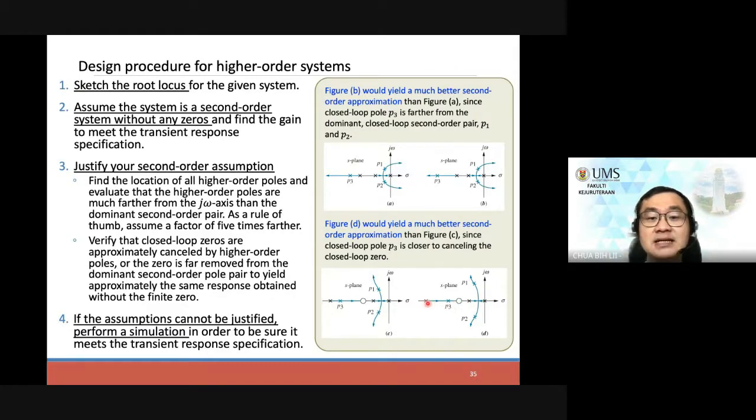In this case, there are poles and zeros. So the further it is towards the zero, the better the second order approximation. That's all. So this is how we can somehow justify it, but still the best way is to do the simulations.